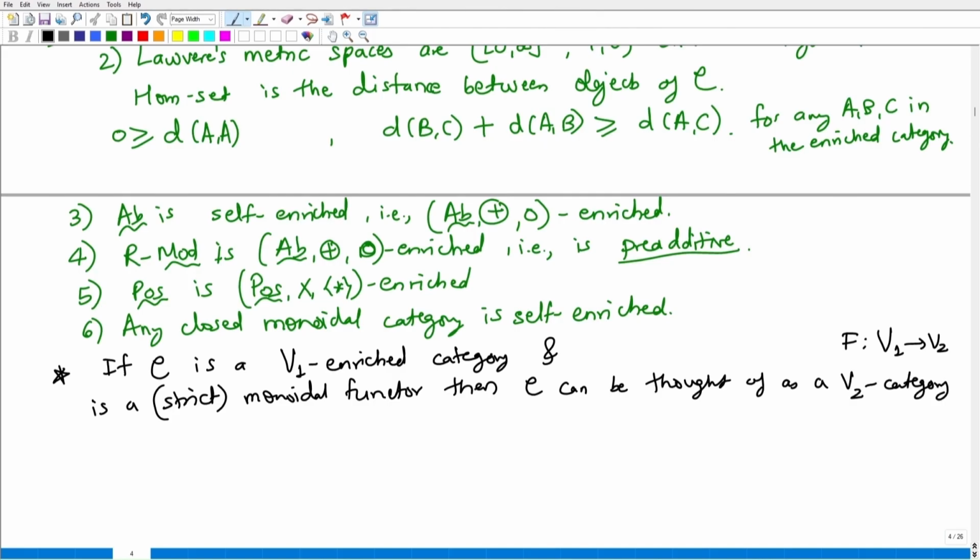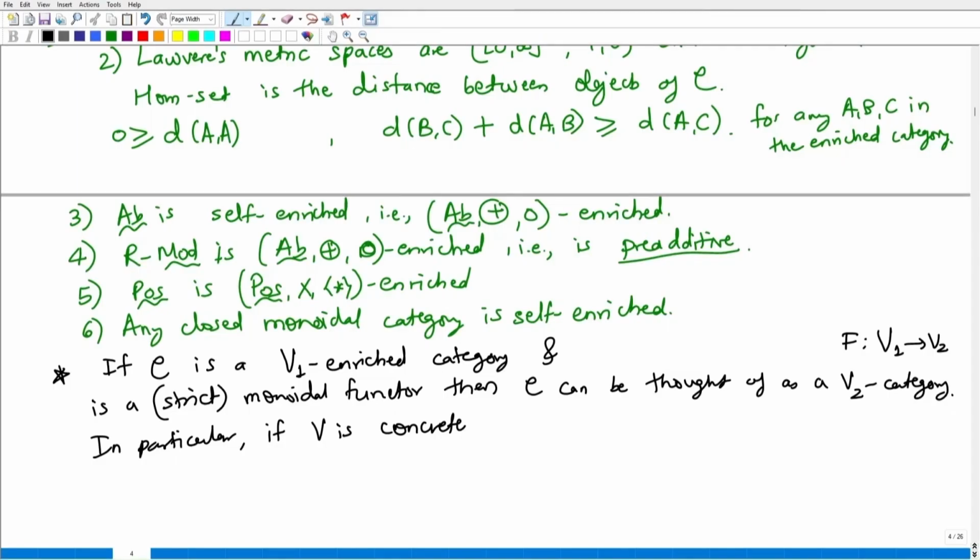Yeah, in particular, if V is concrete, what is the definition of concrete? There is a faithful functor to the category of sets. Okay, that is a monoidal functor.